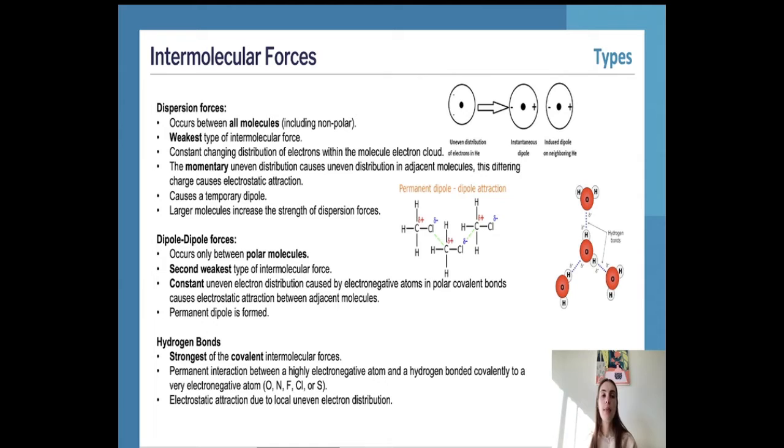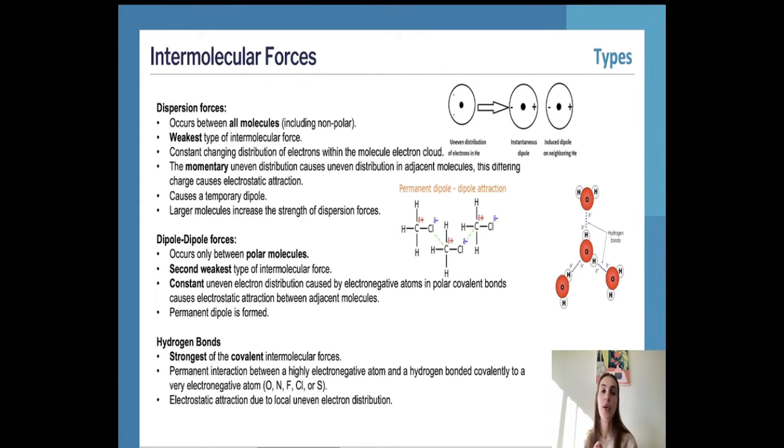And so our three main types of intermolecular forces which we need to talk about are dispersion forces, dipole-dipole forces, and hydrogen bonds. And so it's really important to note that these are molecules having interactions between each other. They're not actually bonds as such, like we see within a molecule itself.